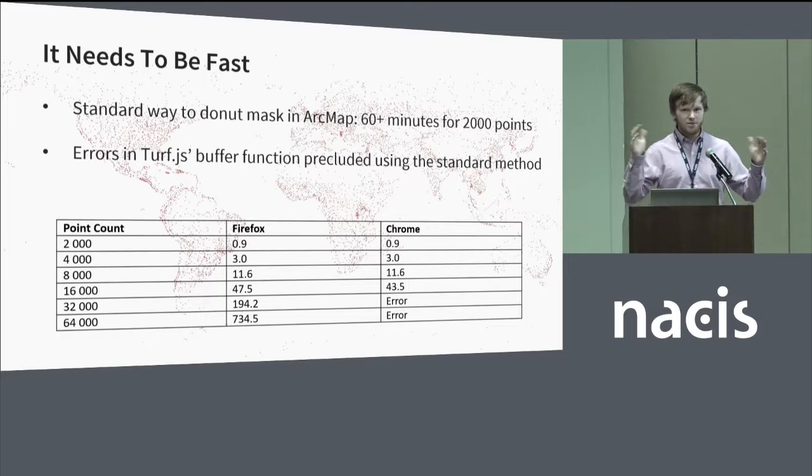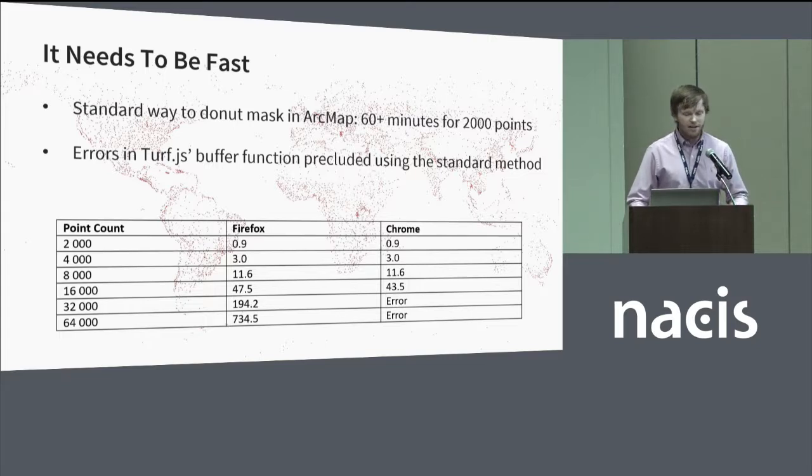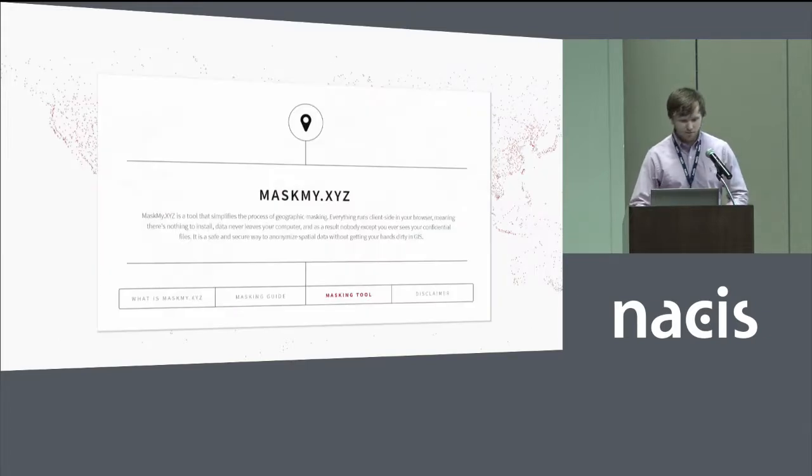The buffer function would create buffers that were just the wrong size. So I couldn't use the standard method. As it turns out, fortunately, generating random numbers and checking to see if they work is a lot faster than generating buffers. So as a result, instead of 77 minutes, we're now looking at 2,000 points in 0.9 seconds. So a lot faster.